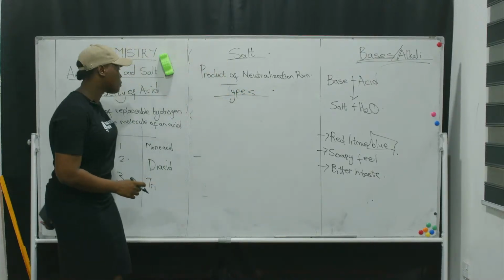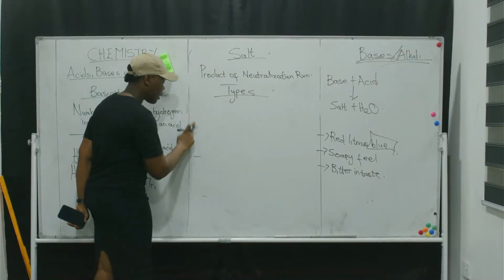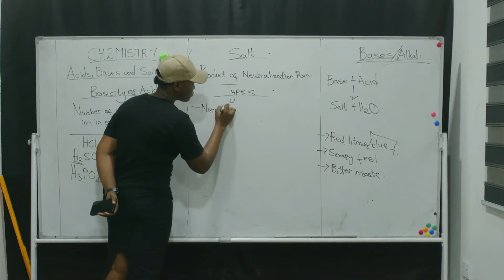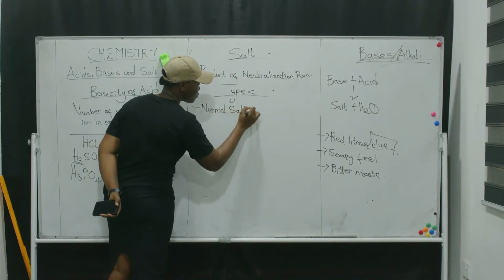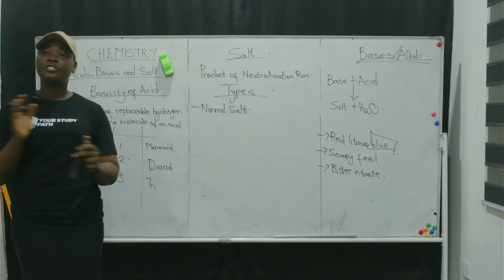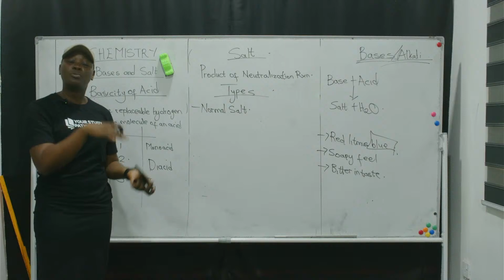Now let's consider types of salt, under which we would have normal salt. Here, all the replaceable hydrogen ions in the acid have been replaced.